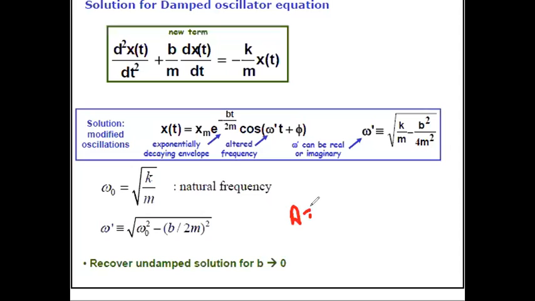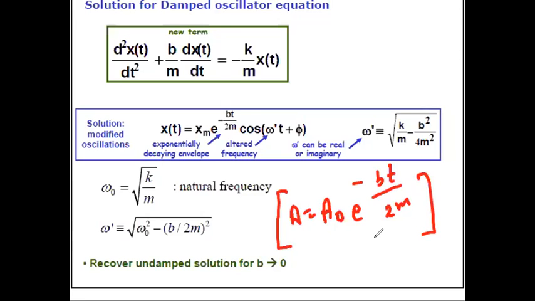And the amplitude A is equal to what? Xm is A naught, right? So A is A naught e to the power minus bt by 2m. Clear? Okay, so you should remember this. This is used a lot in JEE Mains. Sometimes they just ask formula-based problems.